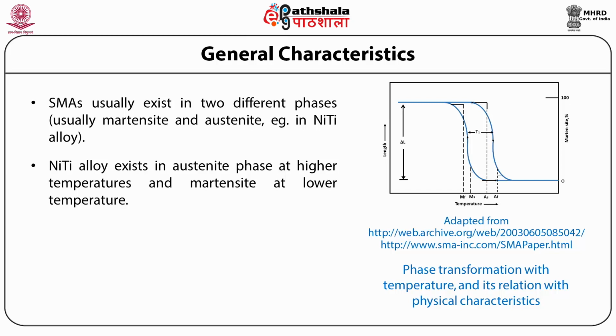So now if we start from a temperature much above AF as shown in the figure and start to cool down, then the first martensite would appear near the MS temperature and the transformation would be complete when the temperature is lowered to MF.